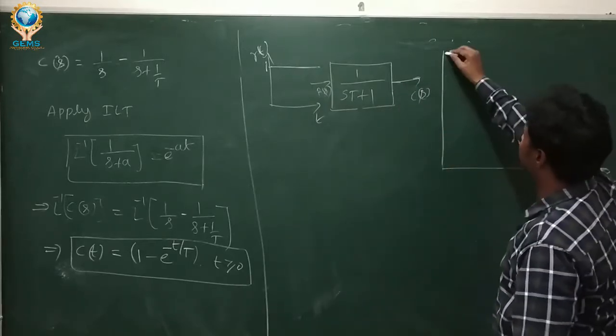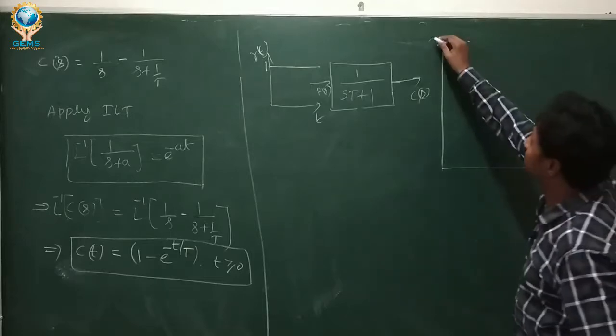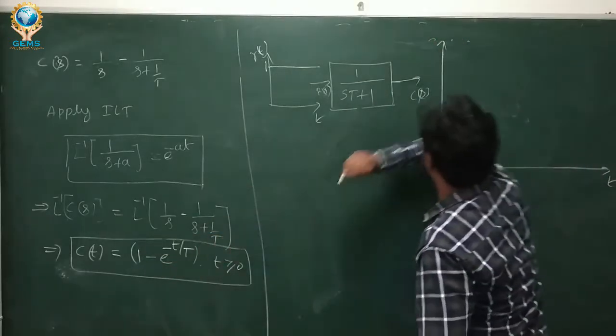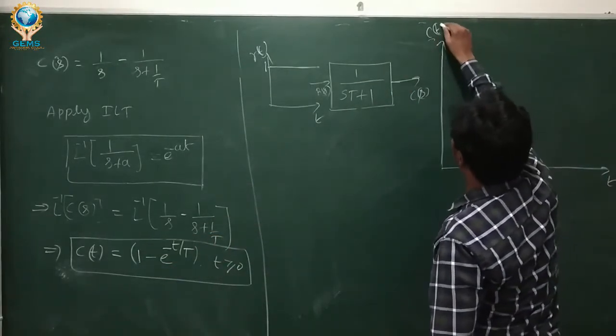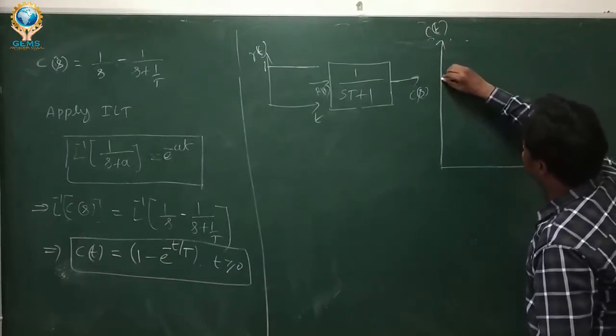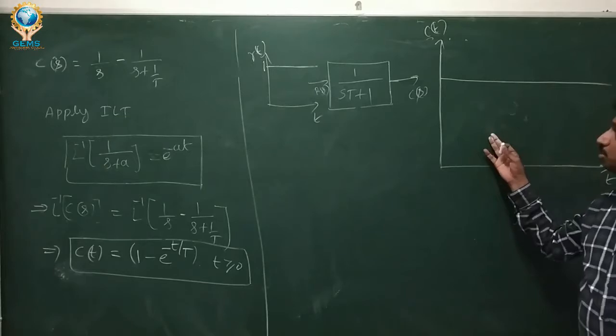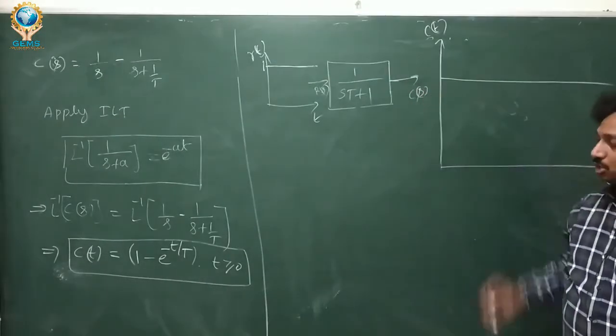Now take the response outside. This is t, and this is the C of t response. This one is your step signal. For the given step signal, how is your system going to respond?